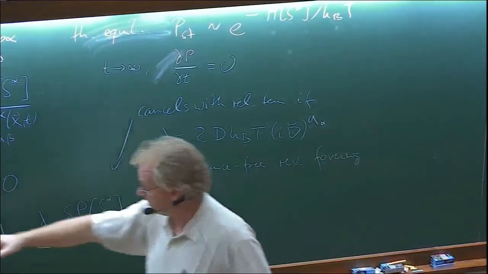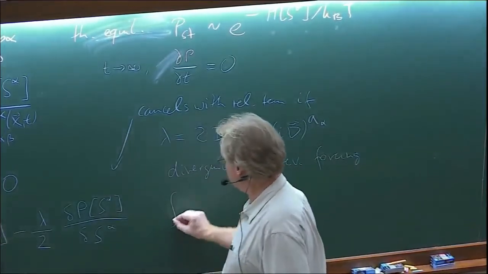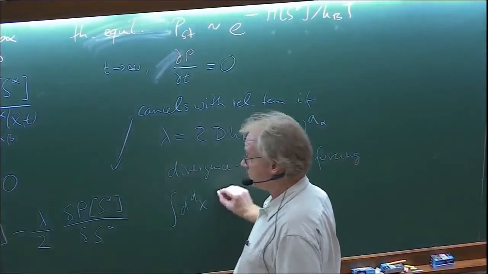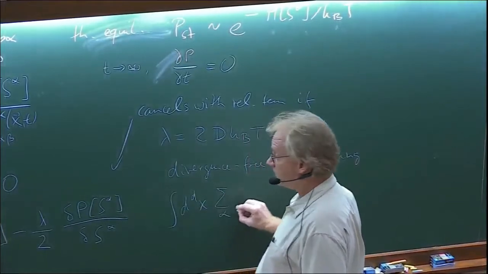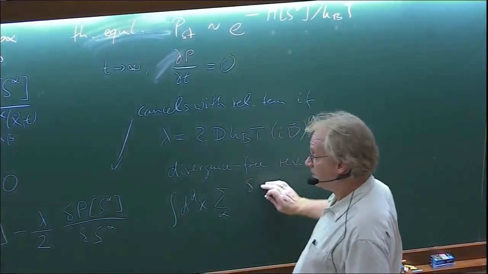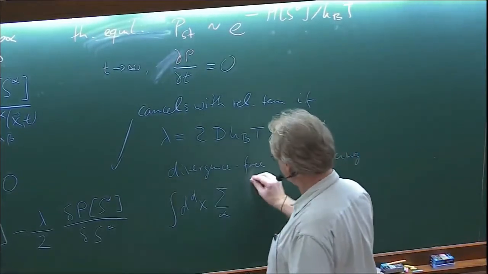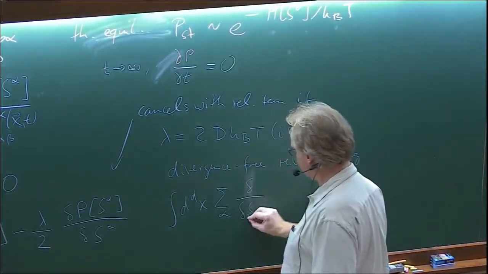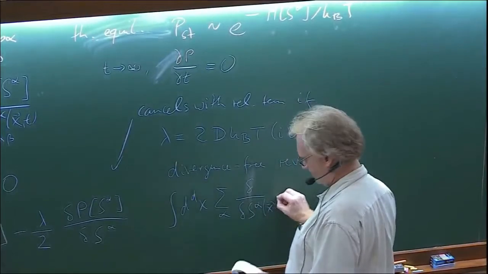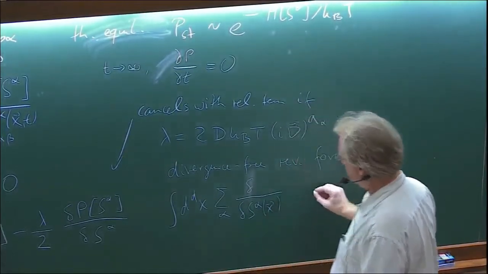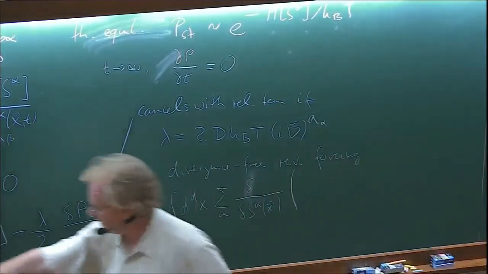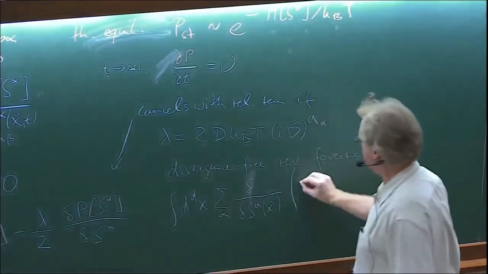So we get that to 0 if we have the integral of dx, some alpha, and now we need to plug in the d by ds alpha. And we need to plug in f reversible, because that's left.